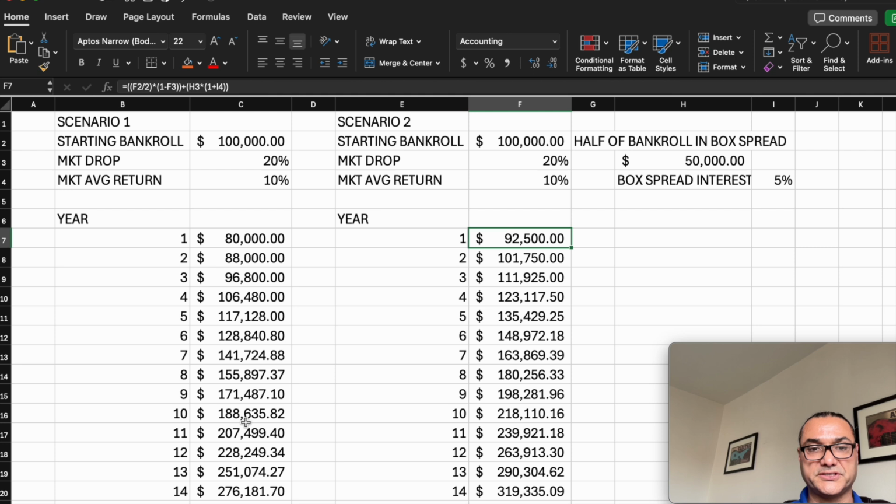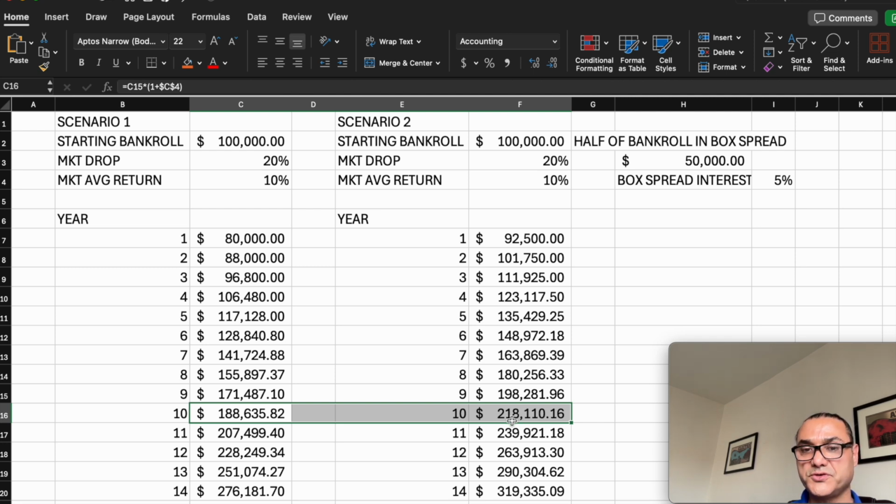And let's look and see what happens after year 10. In each scenario we started with $100,000. But when all of it was allocated to stocks, after year 10, you have $188,635 in scenario 1, and the corresponding figure for scenario 2 after year 10 is 218,000.